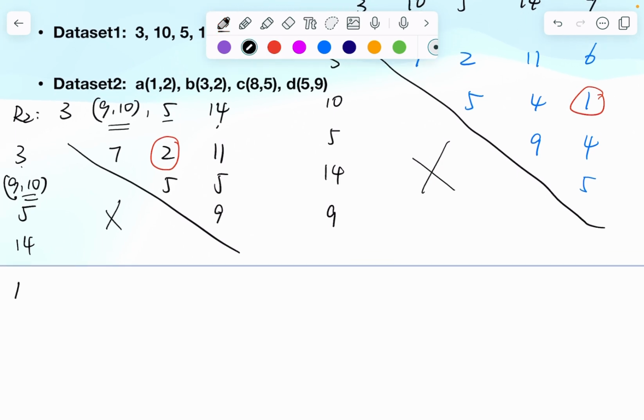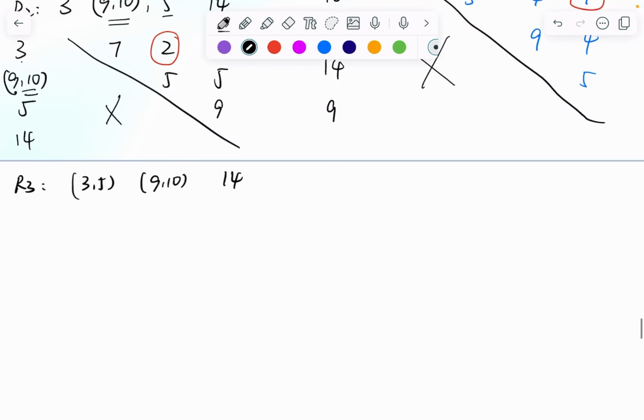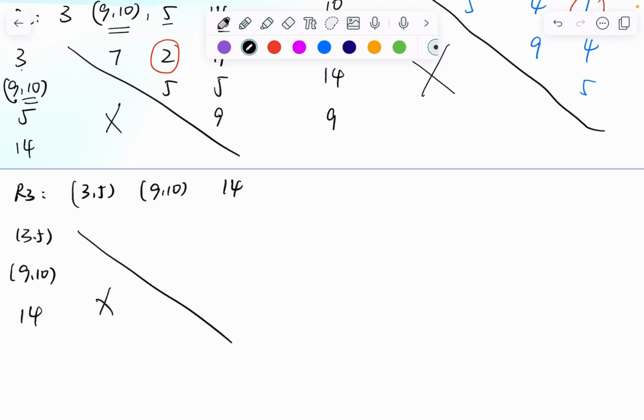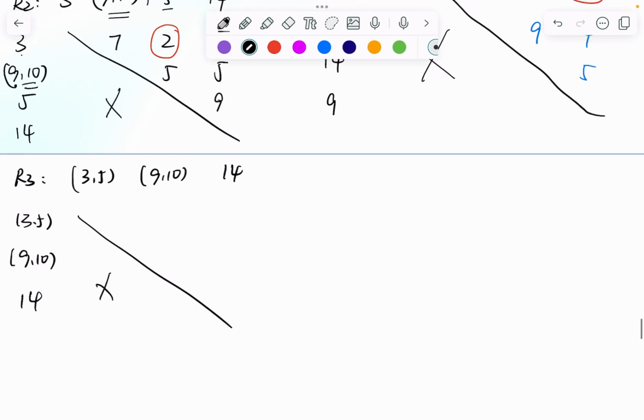So round 3 will be 3 and 5, 9 and 10, 14. Okay, so now it's a little bit complicated.